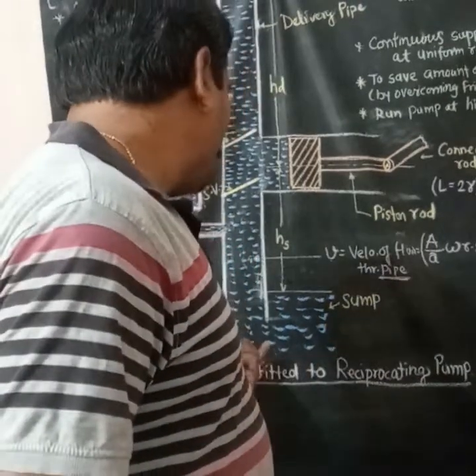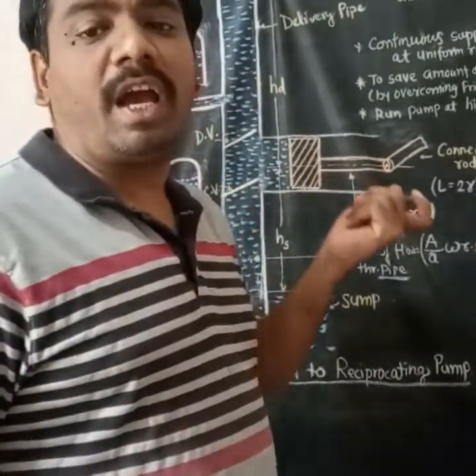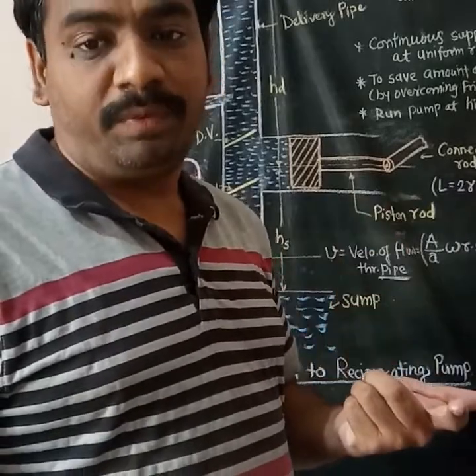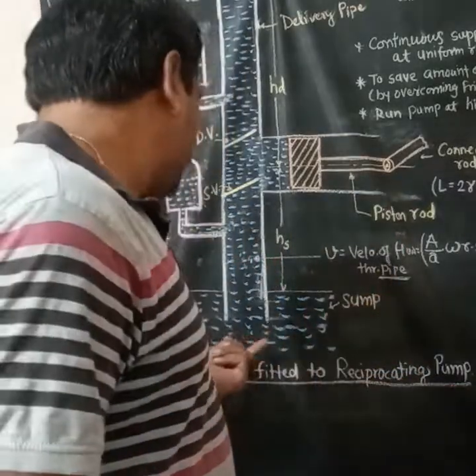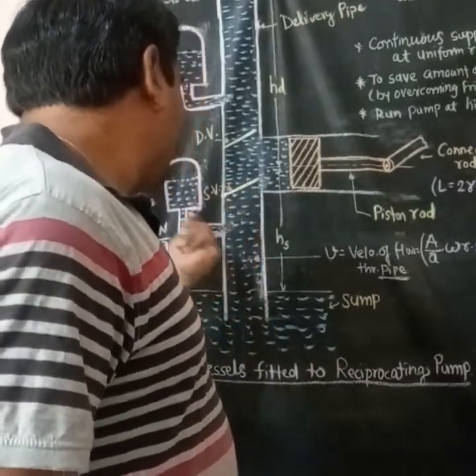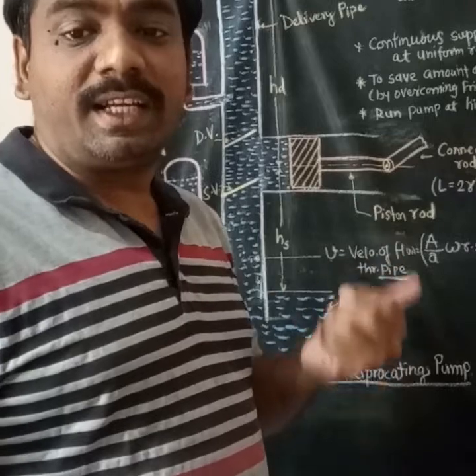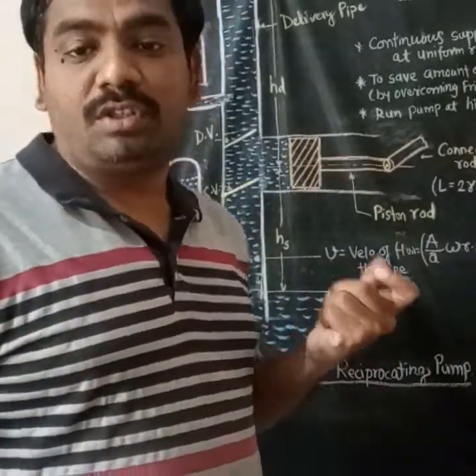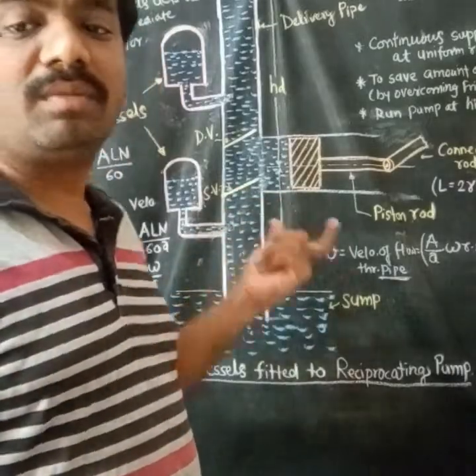And that's why the water flowing through the pipeline will have a velocity less than the mean velocity, but the discharge of this water through the pipeline will be in excess, and that excess amount of water will enter the air vessel placed at the suction side of the pipeline.